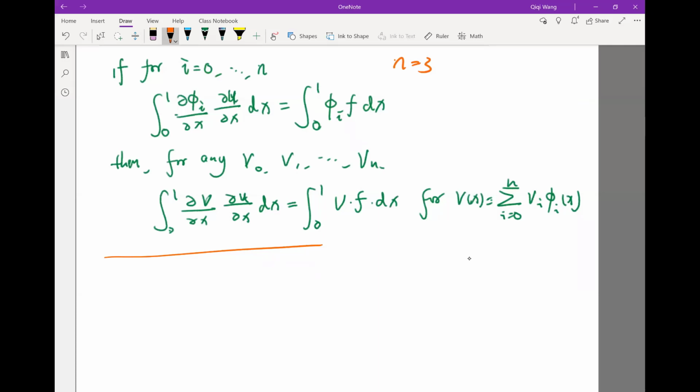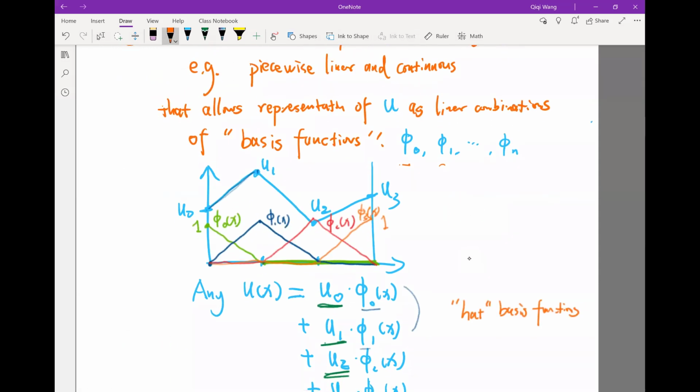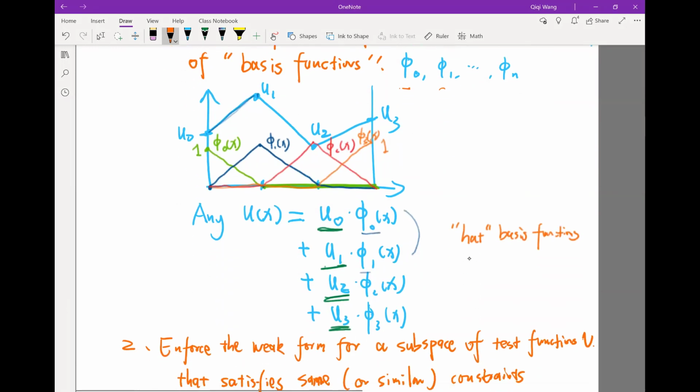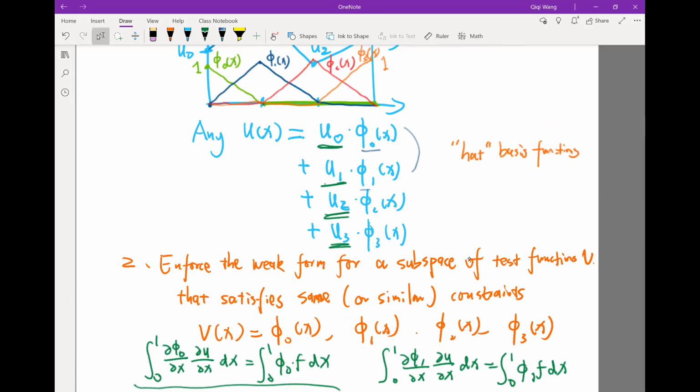So we're just going to write it down here. Actually, it's a little bit less than n plus 1 equations because I only need to enforce it for phi1 and phi2, because phi0 is actually gone. I remember we already have certain boundary conditions, and the effect of the boundary conditions is to further reduce the degrees of freedom, both for u and for v.